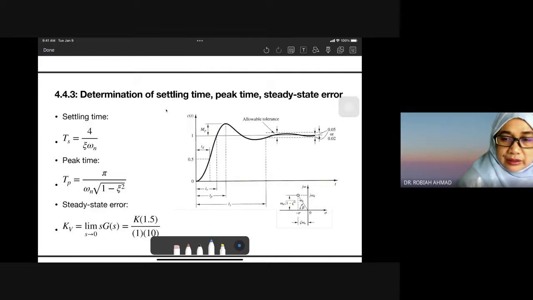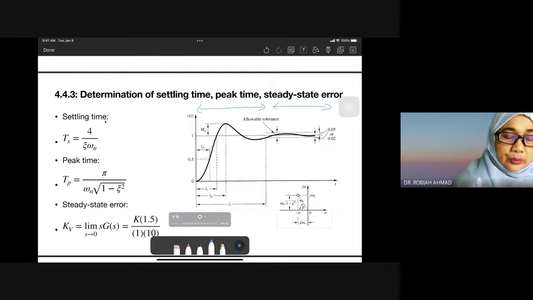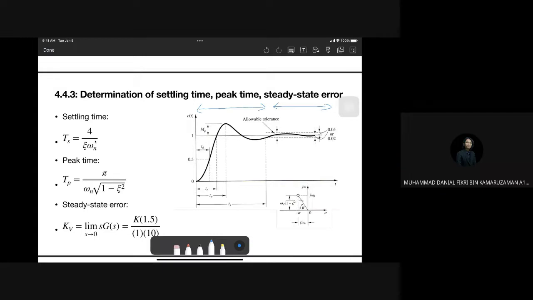This is the transient, where we try to find the settling time and peak time, and this part is the steady state response analysis. So from this root locus, we can find the settling time, the peak time, and the steady state error. If we have the condition for system design, then we can set the locations for the design.